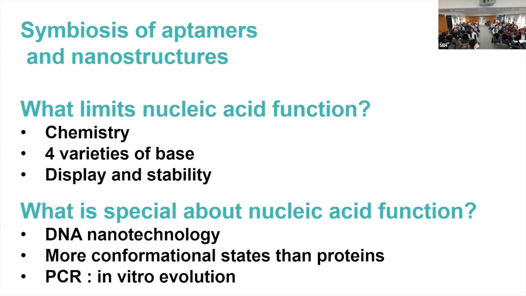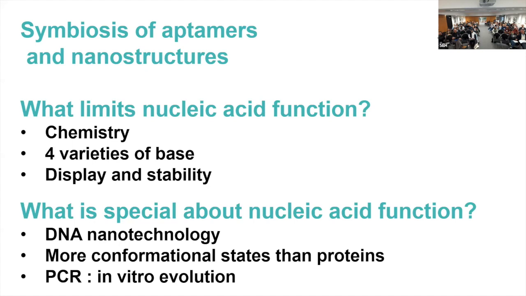In many of the talks from the program today, we're going to be looking at the amazing things happening in the chemistry, going beyond 4 varieties of base and so on. But I think an important thing is also thinking about how aptamers are displayed, and of course their stability, but nanostructures can help with aptamer display. And then what's special about nucleic acids and why we're using them instead of antibodies for molecular recognition.